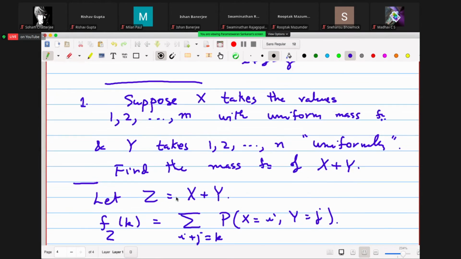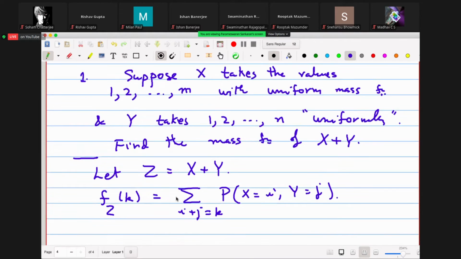I forgot to give one important piece of information, otherwise it's impossible to do this: X and Y are independent random variables.